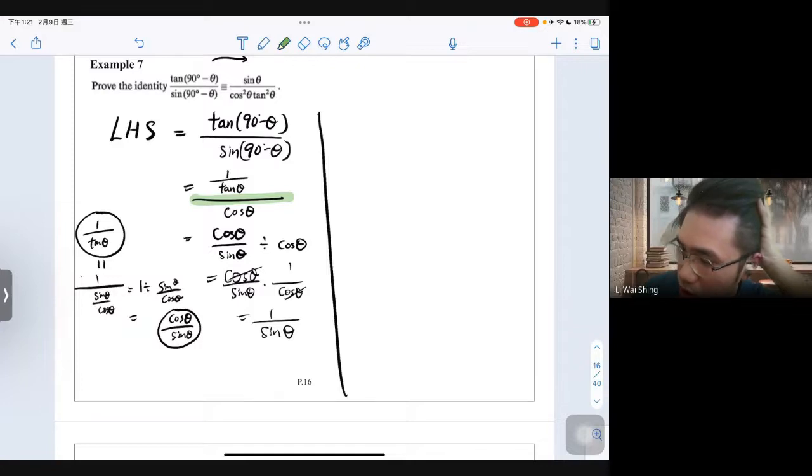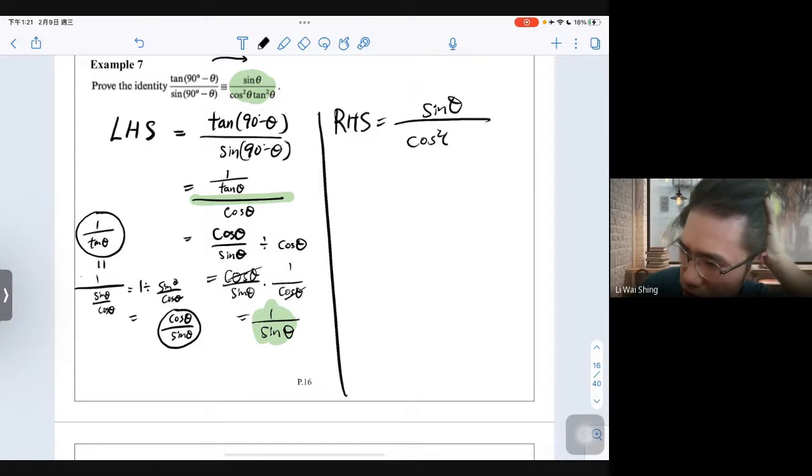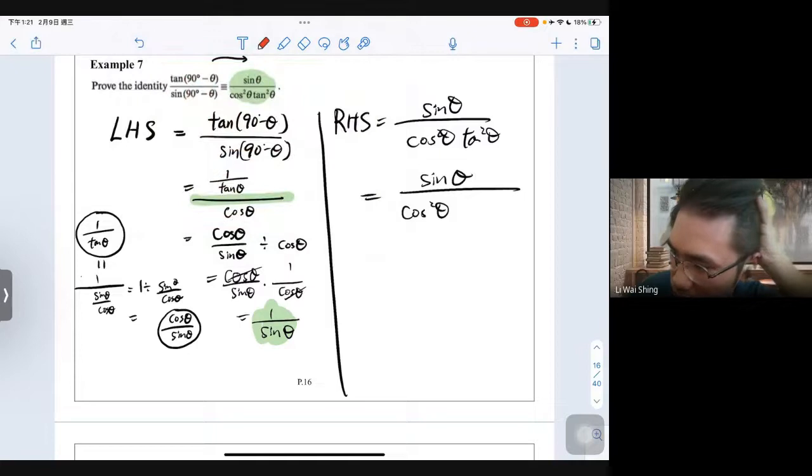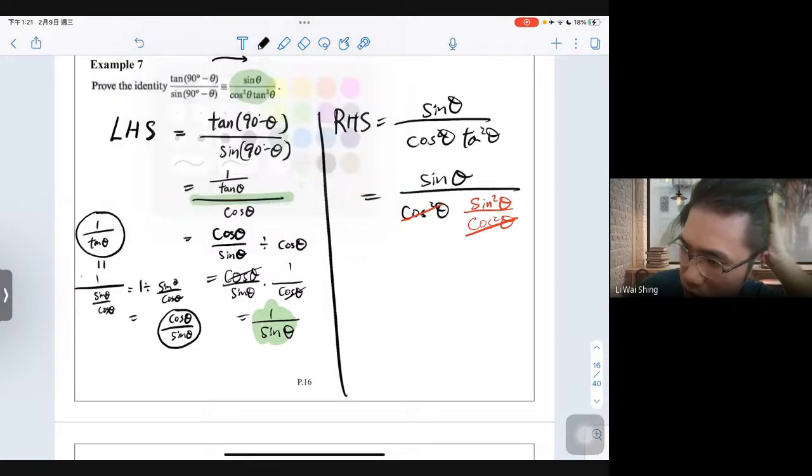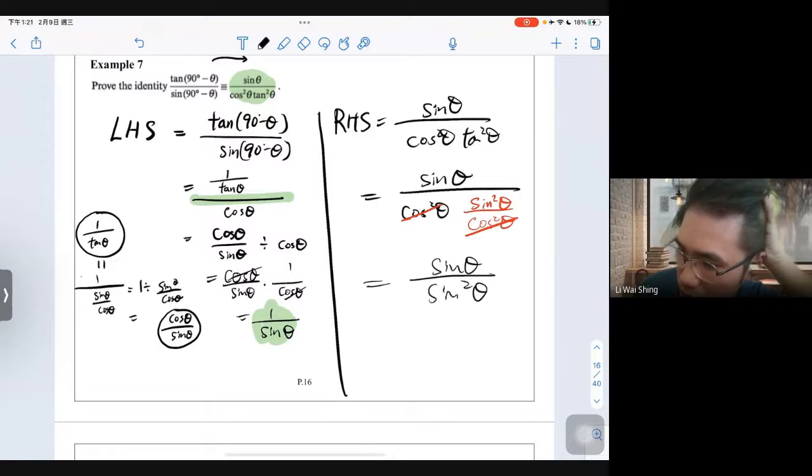Hmm, it's different from the right side. So do some tricks on the right hand side. Just simple math. In the denominator, tangent square becomes sine square over cosine square. Cancel it, so you will have sine over sine square. At last, cancel it: 1 over sine theta.